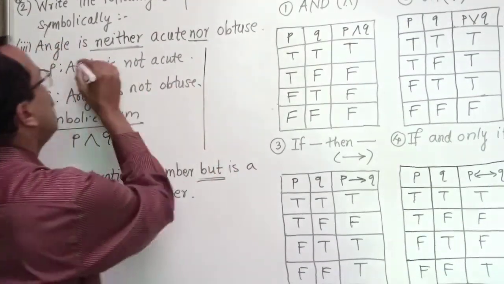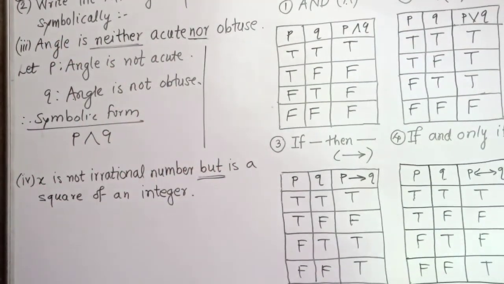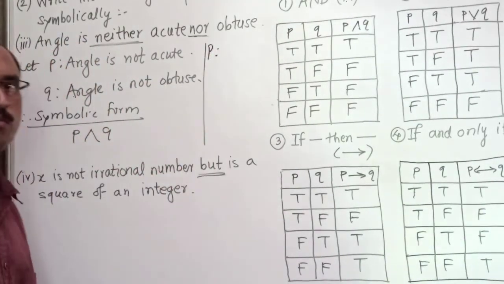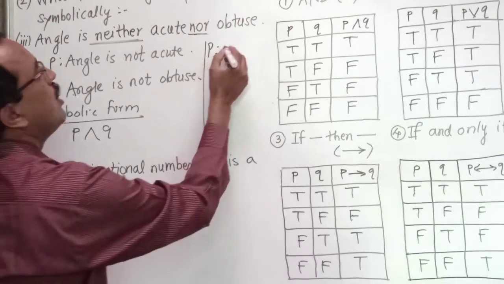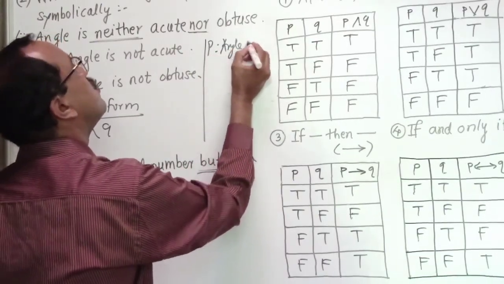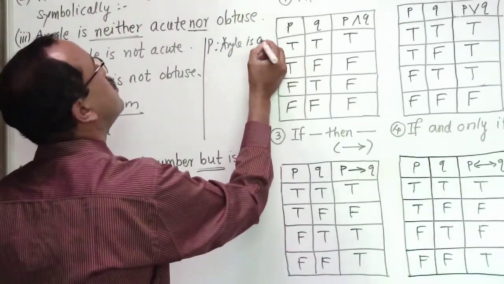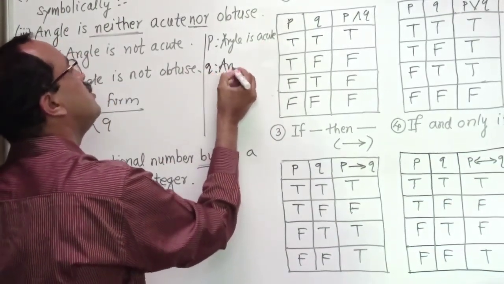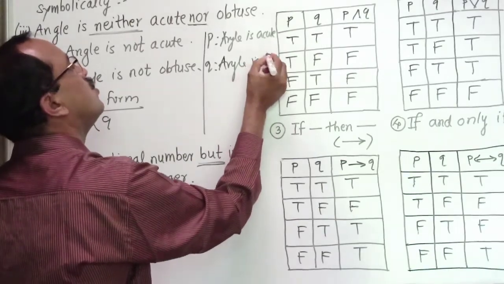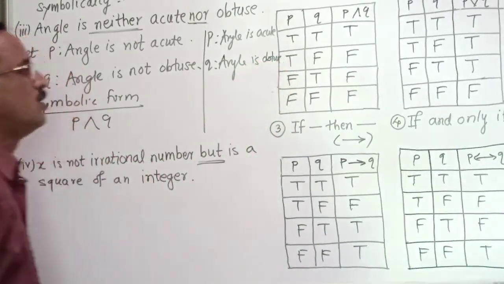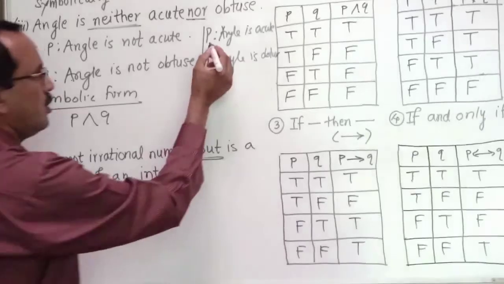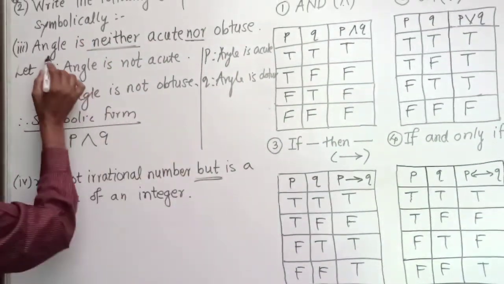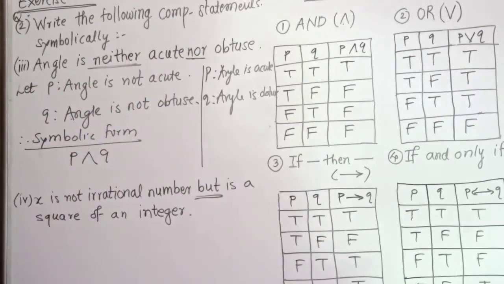This example is solved in another way by defining statement P. If we define statement P as the angle is acute, and statement Q as the angle is obtuse, here we see that angle is acute is statement P, but in the given statement the angle is neither acute.